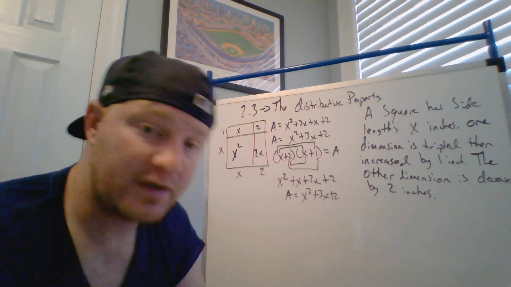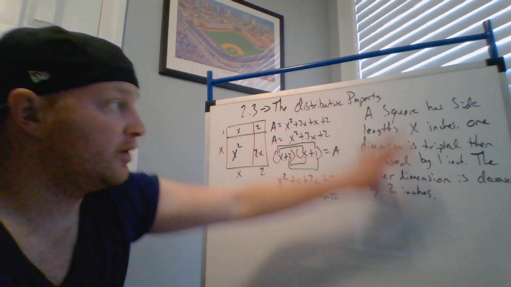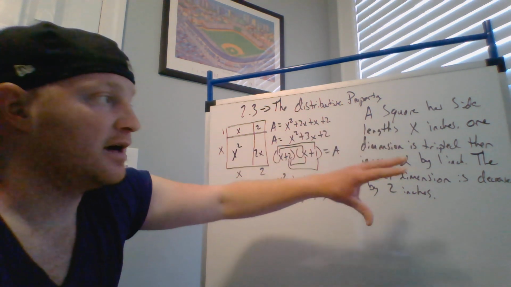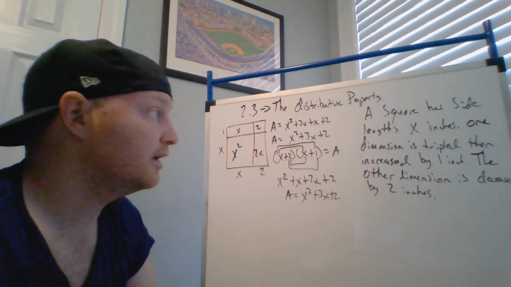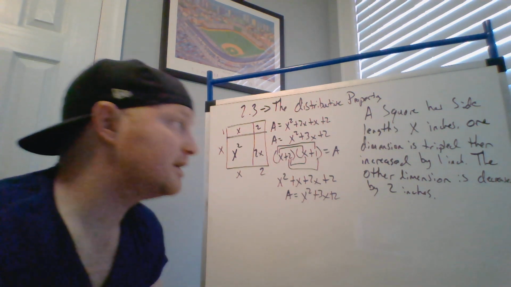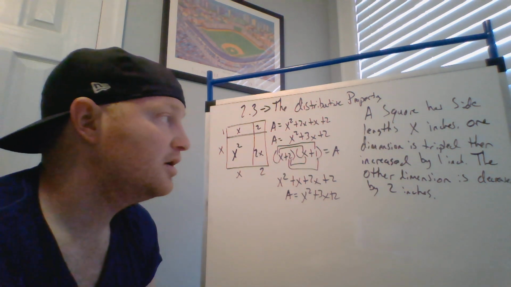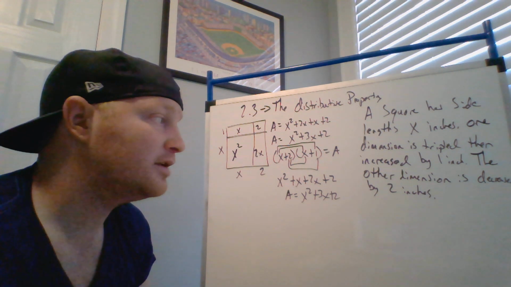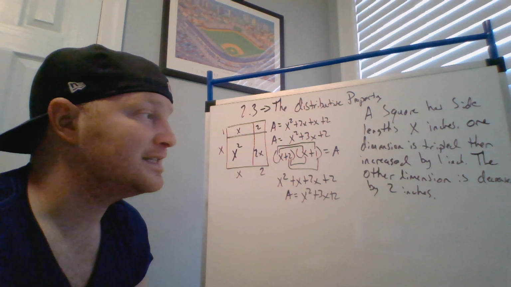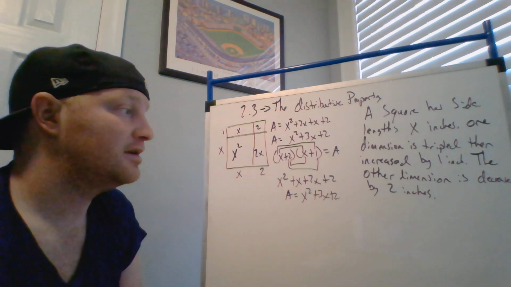I rewrote one of the questions you're going to see in today's work, and I put it right here. So I'm sorry, I didn't rewrite what was in today's work. I just made up another example that's like today's work. So it says a square has side lengths x inches. One dimension is tripled, then increased by 1 inch. The other dimension is decreased by 2 inches.